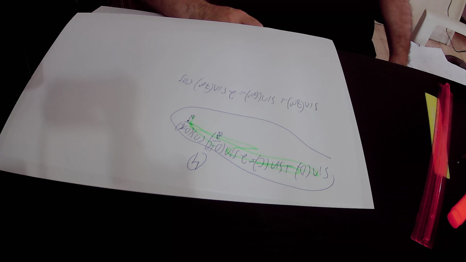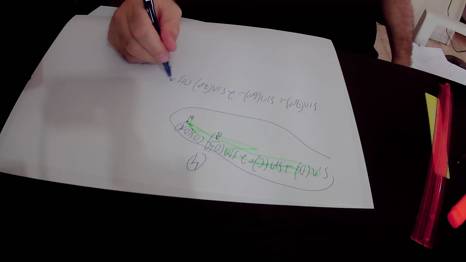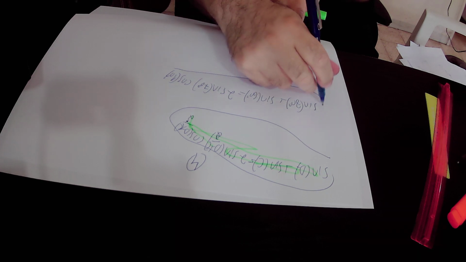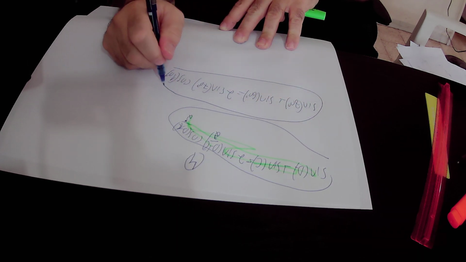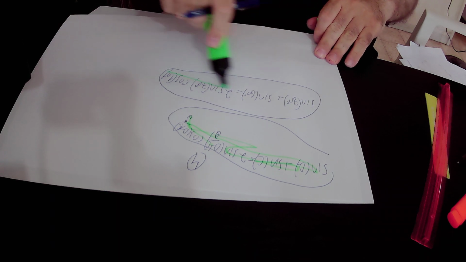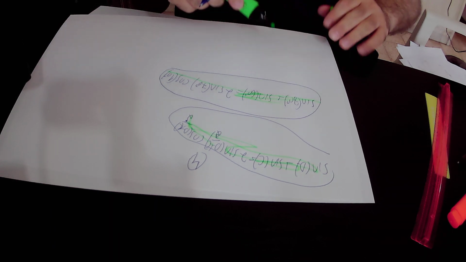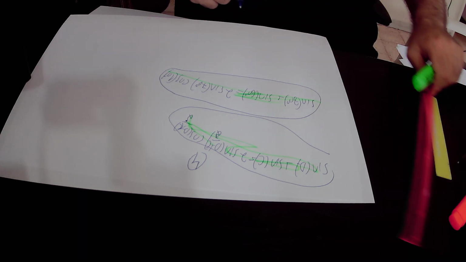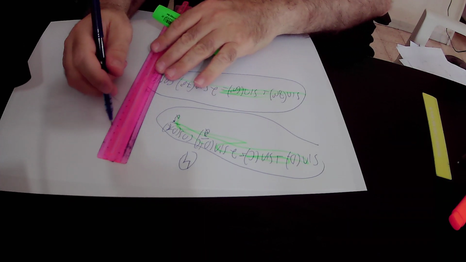D is 80, c is 60, so 80 minus 60 is 20, and 20 over 2 is 10. So in conclusion, sine 80 degrees plus sine 60 degrees equals 2 times sine 70 degrees times cosine 10 degrees. Therefore, we can substitute sine 80 degrees plus sine 60 degrees by 2 times sine 70 degrees times cosine 10 degrees. We'll do it now.